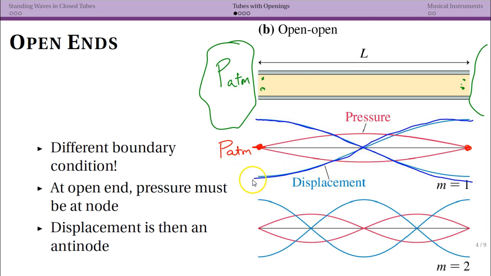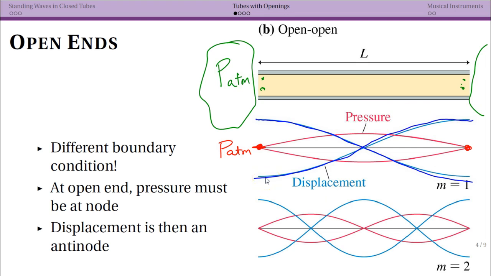Another way to think through displacement being maximum at the end is that these particles are going to move in and out a lot. They're very free to do that. But I think pressure is the easiest way to grasp that, since that's truly where our boundary condition is coming from. And then we're using that relationship between pressure and displacement to see what the displacement curve would look like.